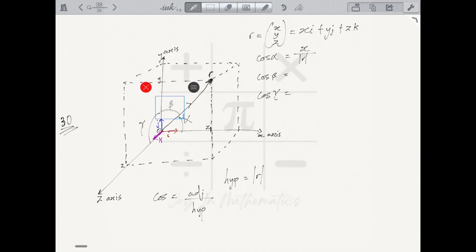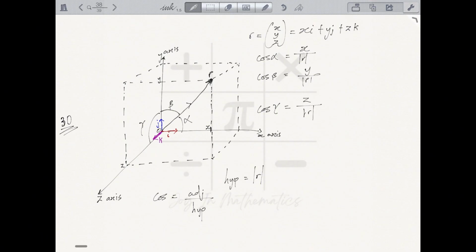Considering beta, just like in two dimensions, the adjacent is y, and that will be y divided by the modulus of r. And considering gamma, the adjacent is z, and that will be z divided by the modulus of r.